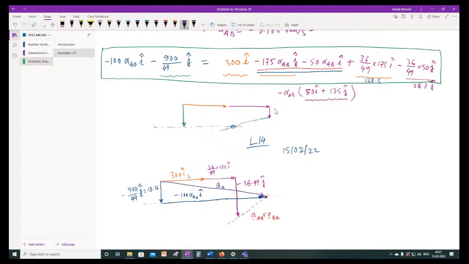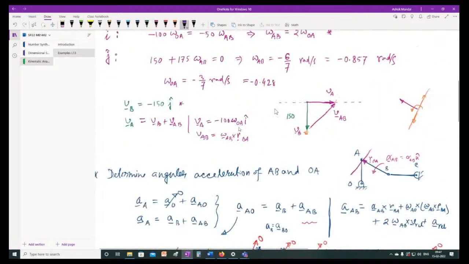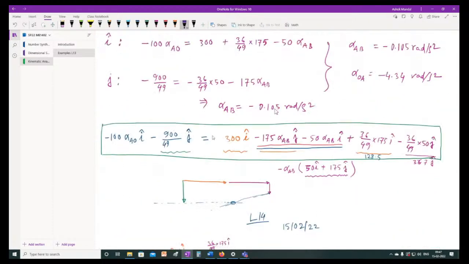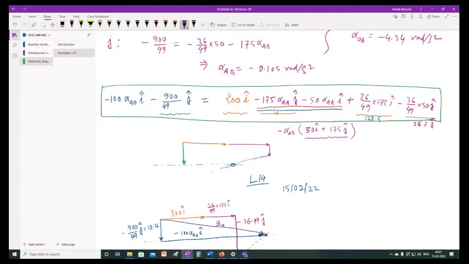You have this is known, then this is known. What you have here, if we consider this is the acceleration of point B. First you have drawn acceleration of point B. For acceleration of point B, you have a tangential component and a component which is along the length.